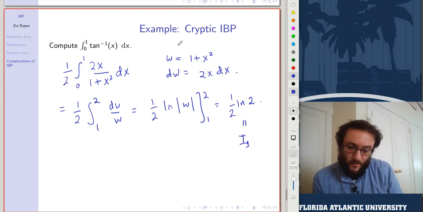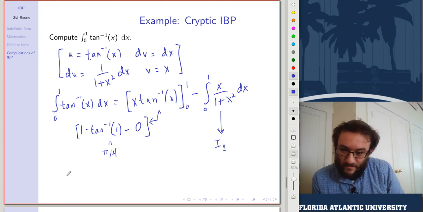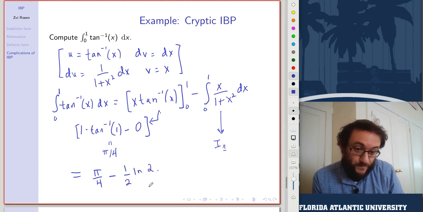Okay, going back up to the previous page, we can get our formula. So the answer will be pi over 4 from the first part minus I1, which we found was 1/2 ln of 2.